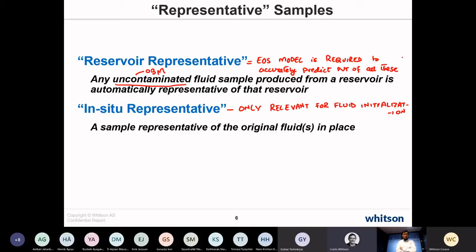Yeah, so that's the bottom line. If you only have these contaminated samples and you don't have any other choice, then you have to use those samples and the PVT data measured on those samples to come up with some kind of model that can give you the predictions of the PVT data of your reservoir representative or in situ representative samples.